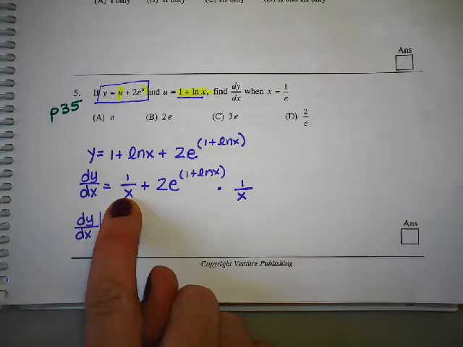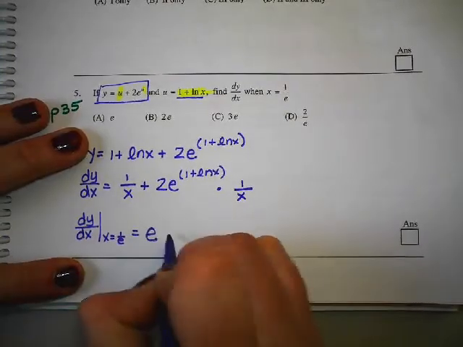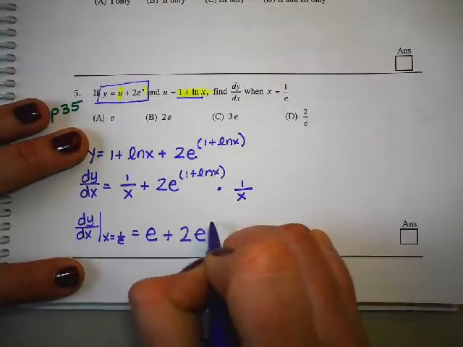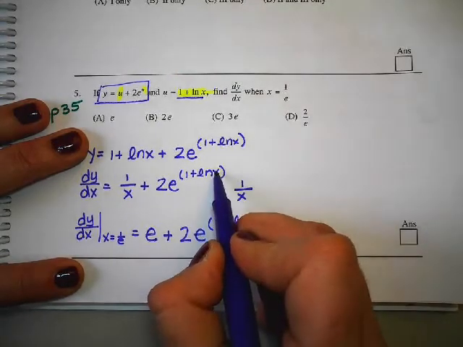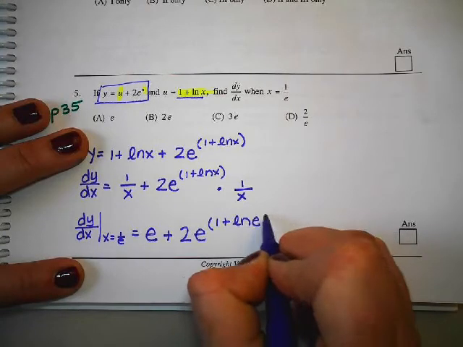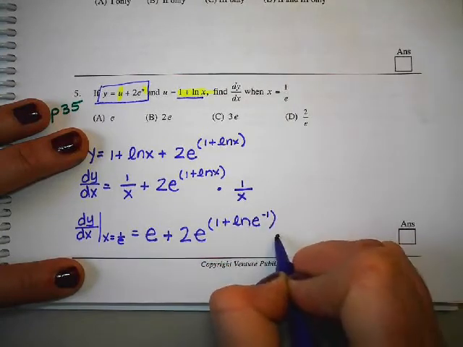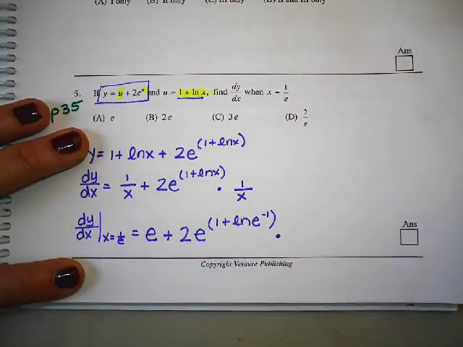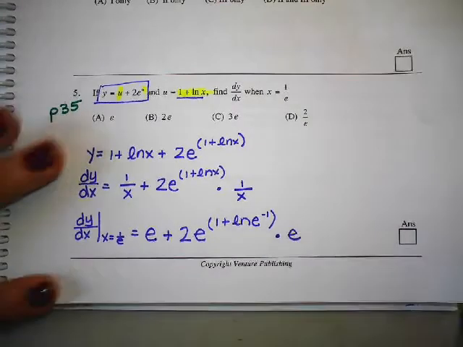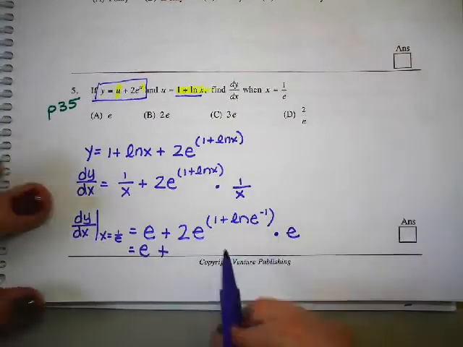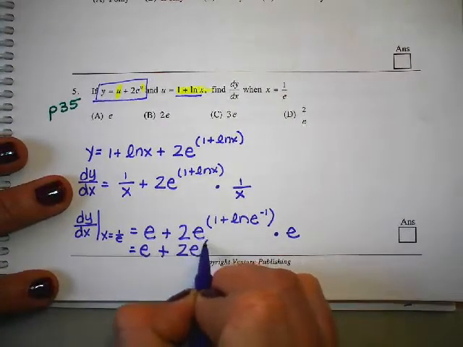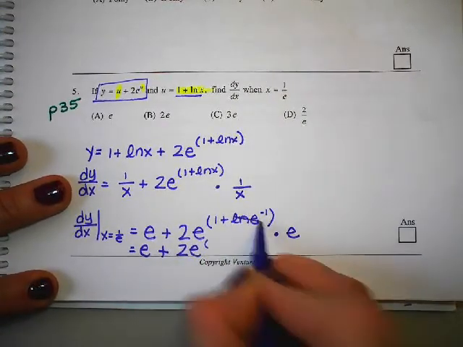So 1 over 1 over e is just e, plus 2e raised to the 1 plus the natural log of 1 over e, which I'm going to write as e to the negative 1, times 1 over e, which is just e. So here if I simplify, e plus 2e up top here, this ln and this e can cancel out.